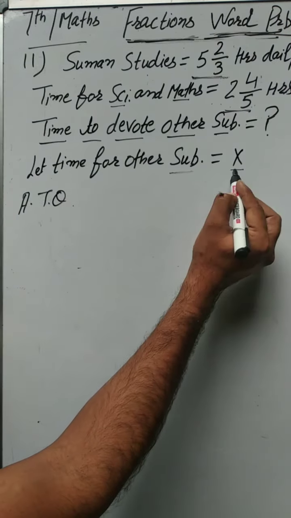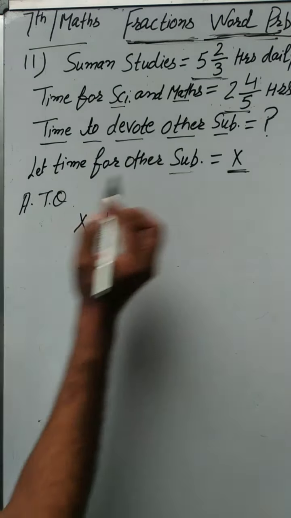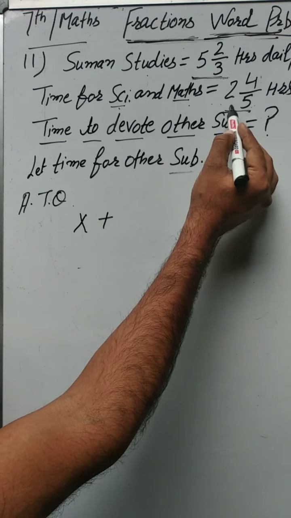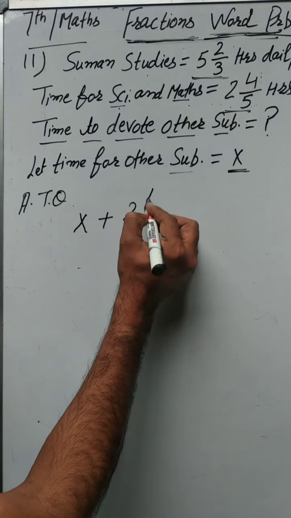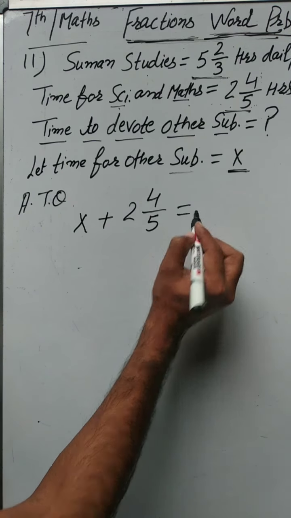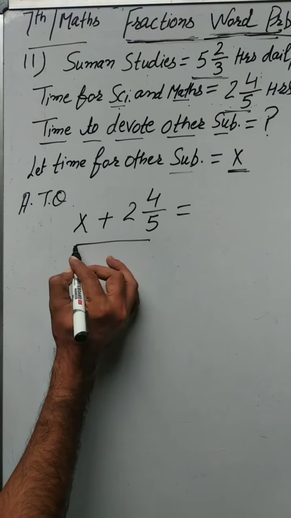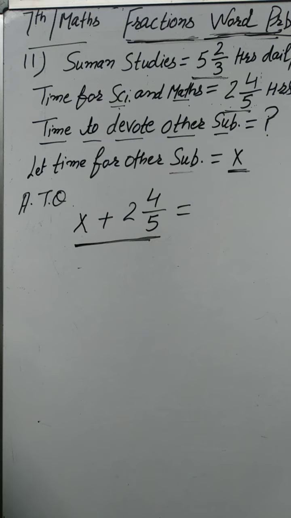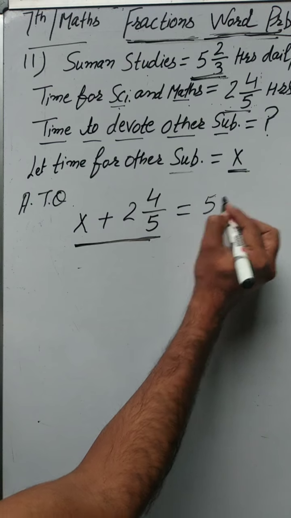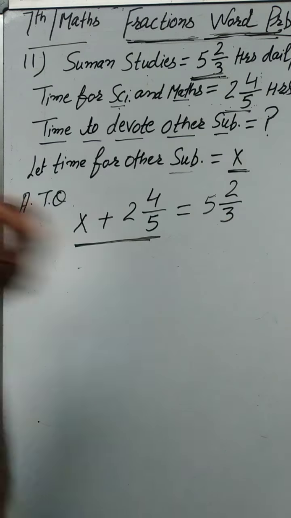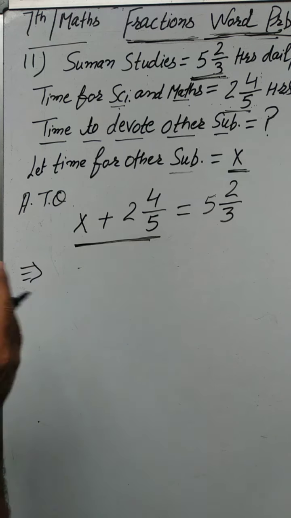According to the question, she studies other subjects for x hours, means x, plus she studies science and math for 2 and 4/5 hours, plus 2 and 4/5. It becomes the total time given by her for study. And the total time here, beta, in the question is 5 and 2/3. Understood, beta? Now very simple, we have to find x as in the last question.